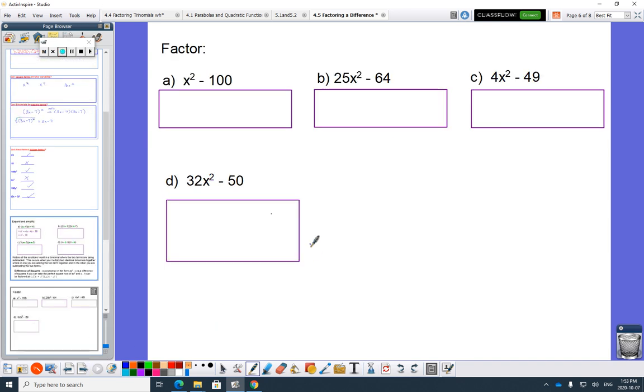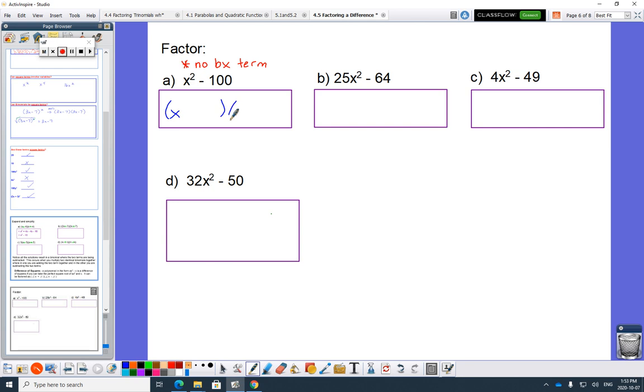Okay, so sometimes they are very straightforward. So again, what should you look for? No b x term, so this looks weird. There's no common factor. So then you're like, oh yes, okay, I'm going to square root. What's the square root of x squared?